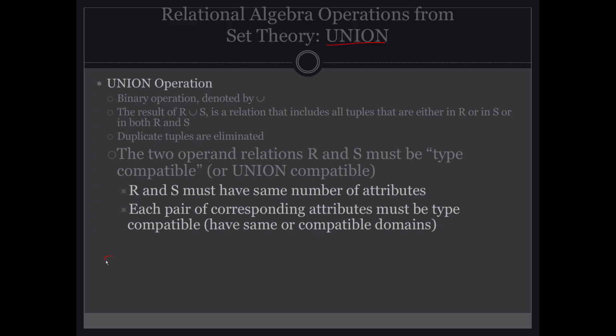So S union R is the set of all elements A such that A is in S, or A is in R, okay? And because this is a mathematical set, you're not going to have duplicates in here, okay?